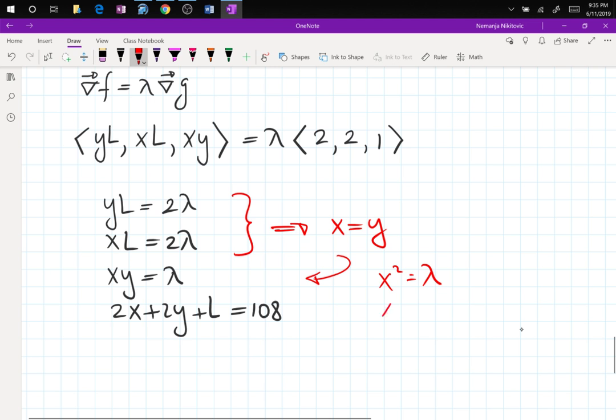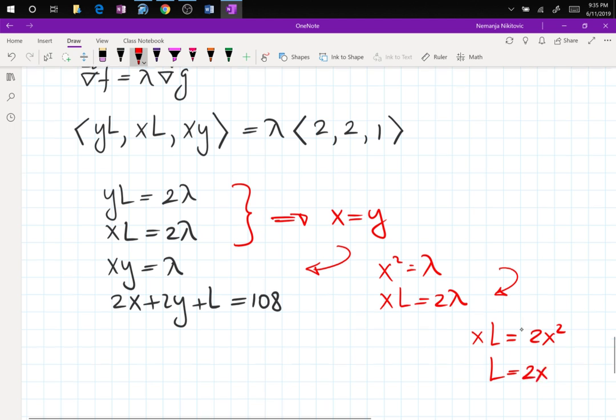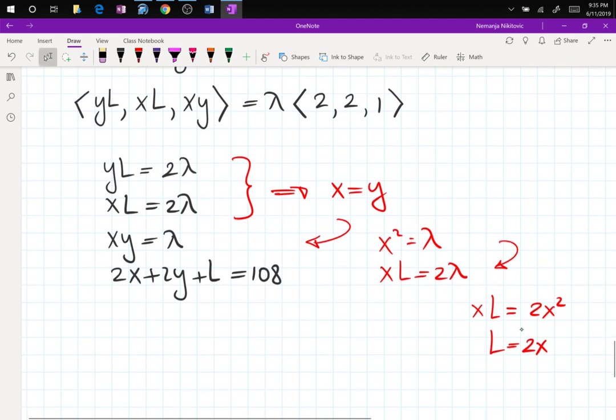Let's say xl equals 2 lambda. So when you plug in there, you get that xl equals 2x squared. We know that x cannot be 0, it's length, so we can cancel in this case. L equals 2x. Great. I have x equals y and L equals 2x.